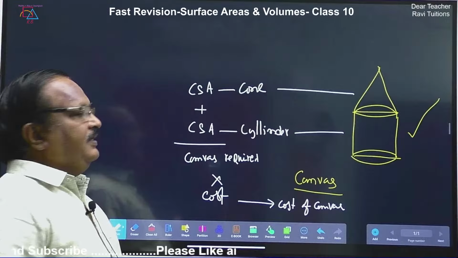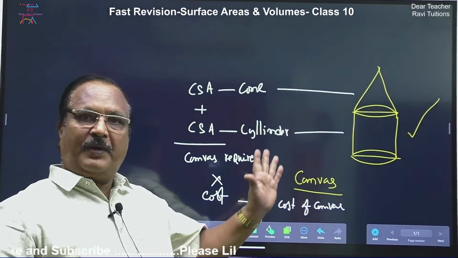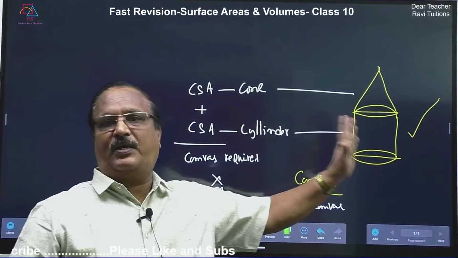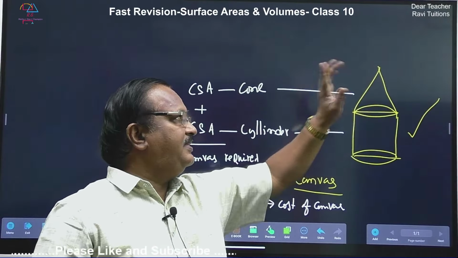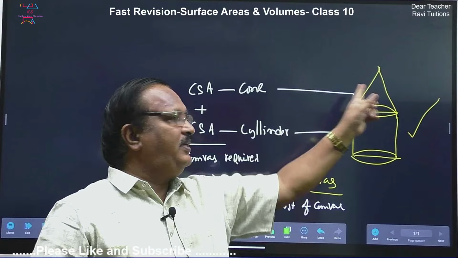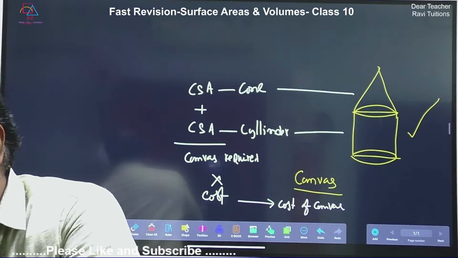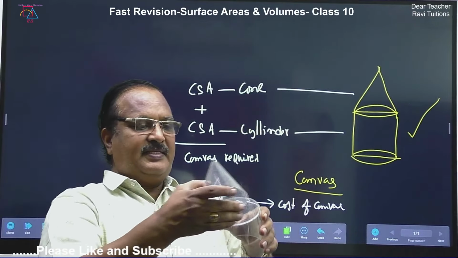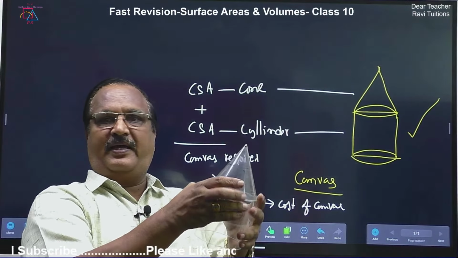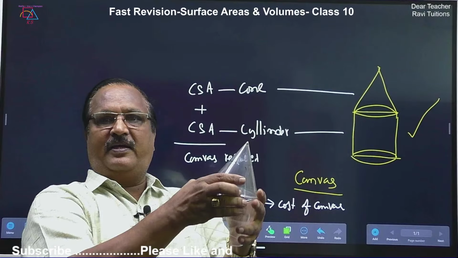That means if it is asked simply to find the cloth required, then what to do? This is only curved surface area. Okay, I will show you. Say this is a cylinder, and this is a cone. Now the tent is in this form.